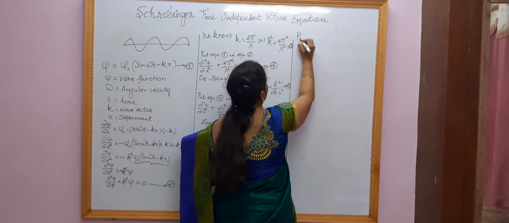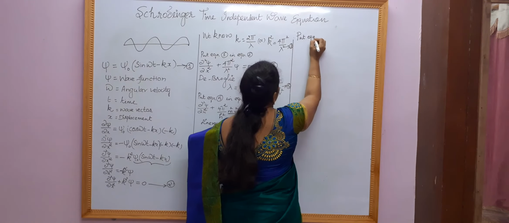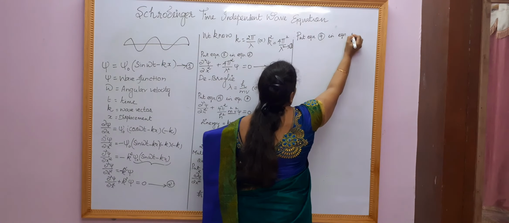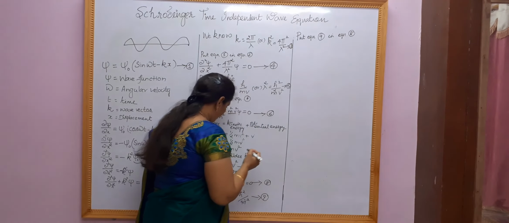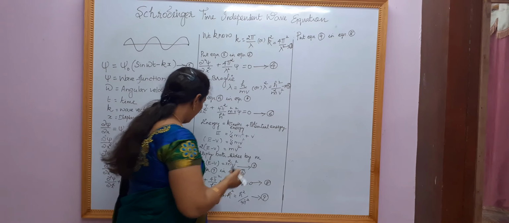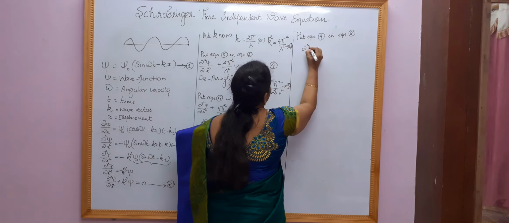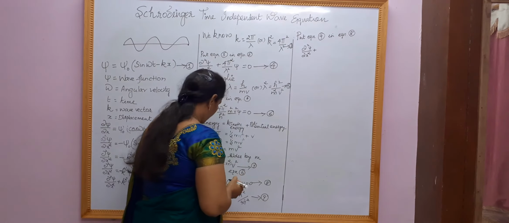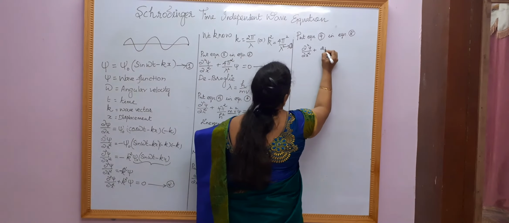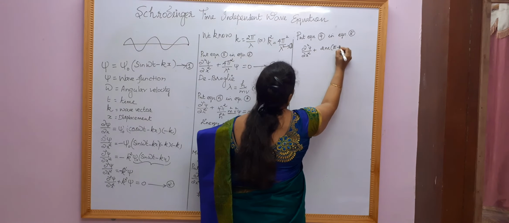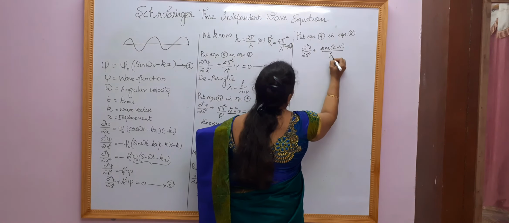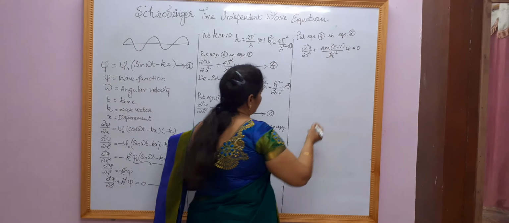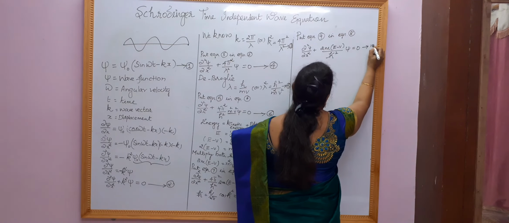So equation 8 becomes dou square psi by dou x square plus 2m(E minus V) by h cross square into psi is equal to 0. This is your equation number 10.